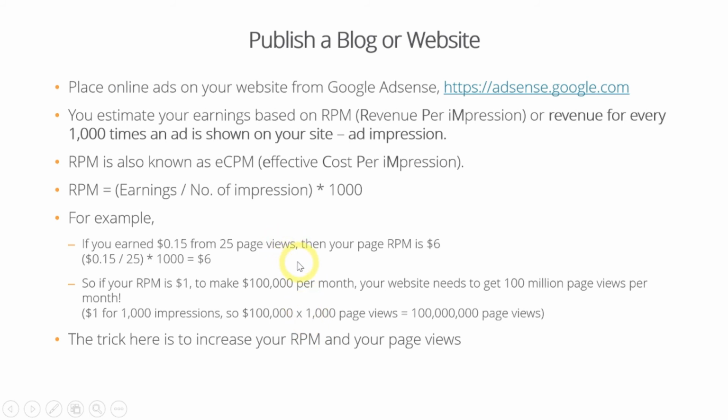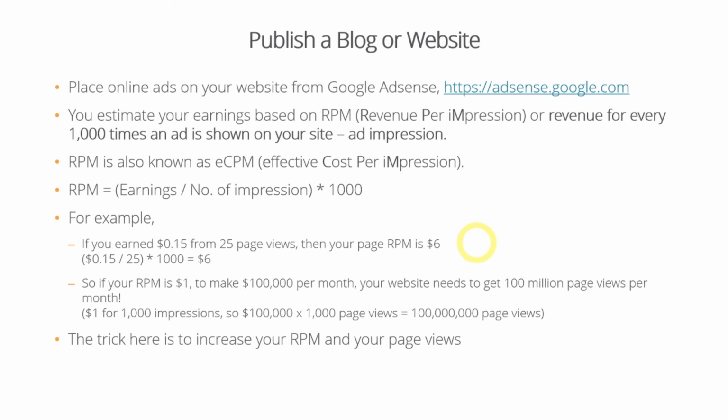Remember that you earn based on every click that your visitors make on the ads on your website. Some advertisers are willing to pay more per click than others. So if you can focus on specific industries where a lot of advertisers are willing to pay more per click, you may want to create a blog or website around that industry.